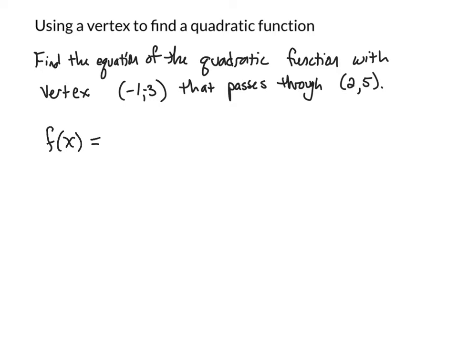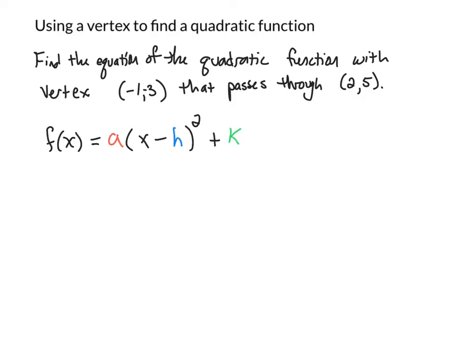We have f of x equals a, I'm going to put this in red, a times x minus h squared. This is our first part. A times x minus h squared plus k.